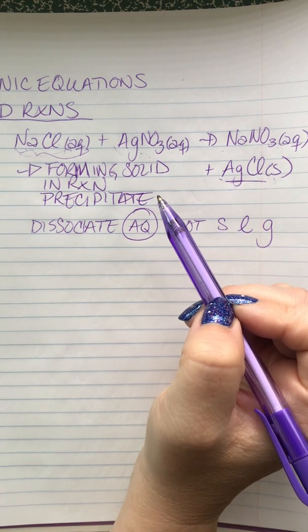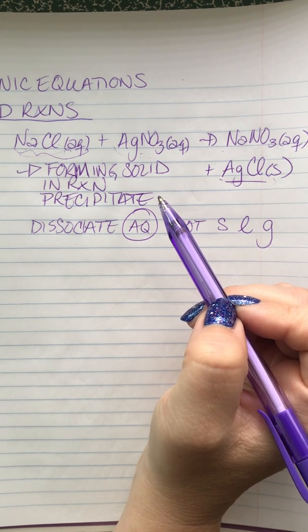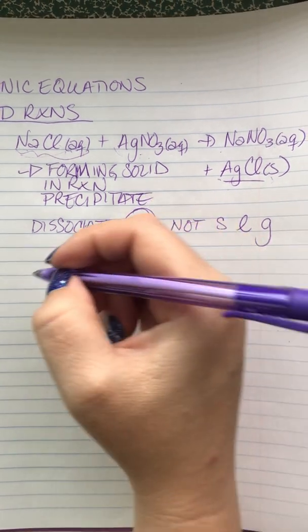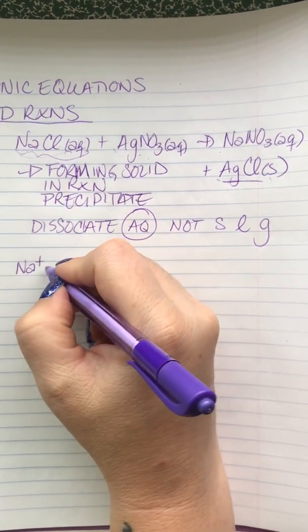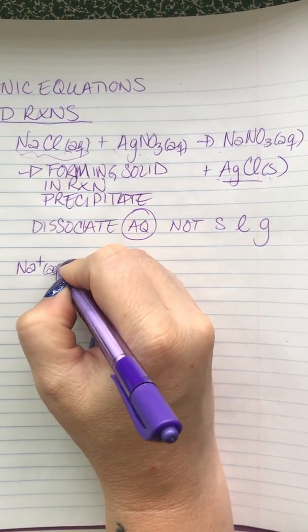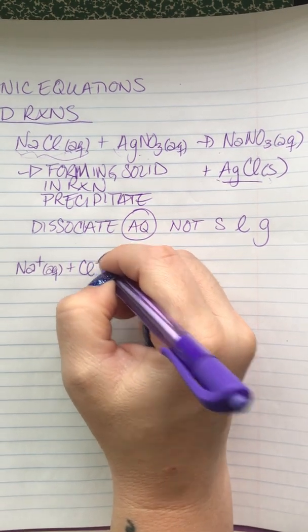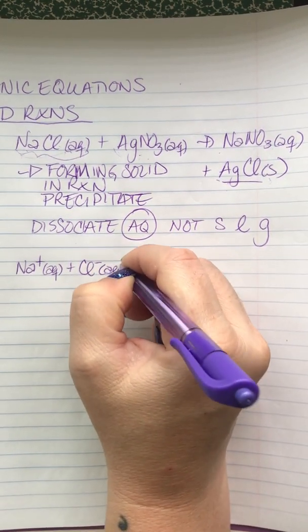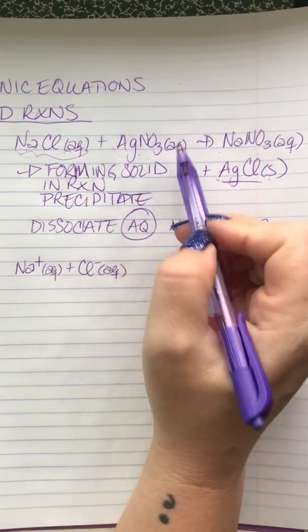What ions? You guys scared of me today? So we got sodium, right? Chlorine is -1. We have chloride, right?